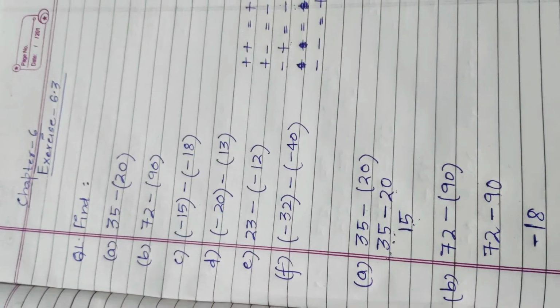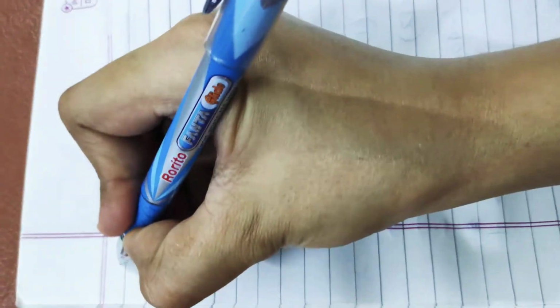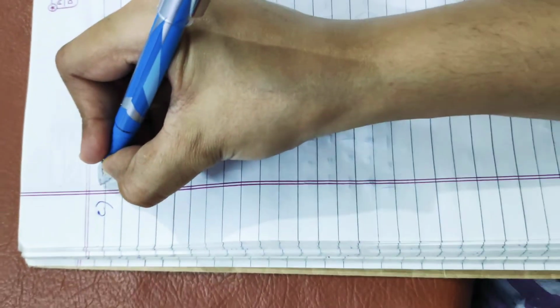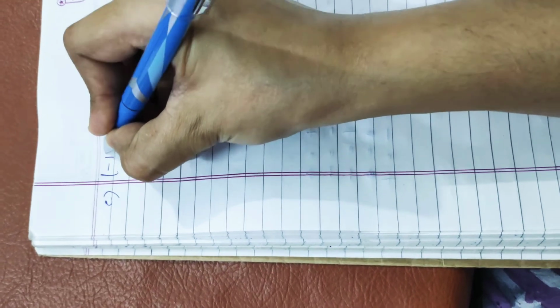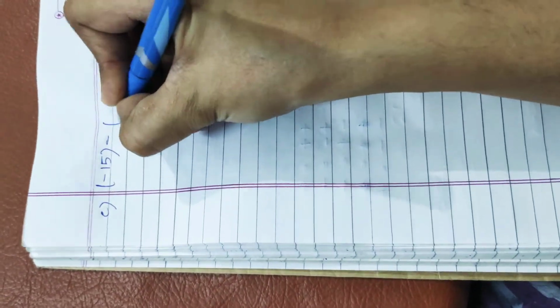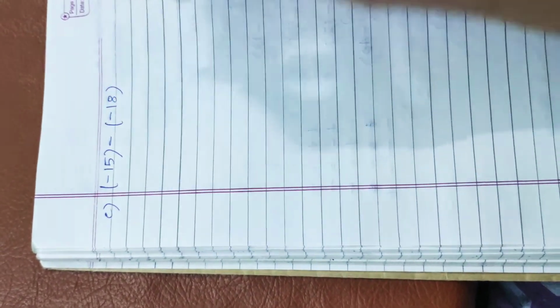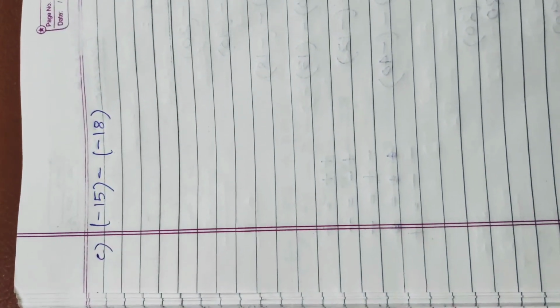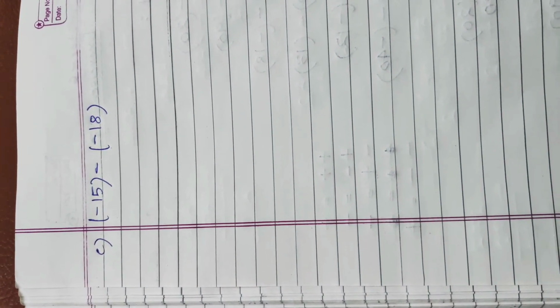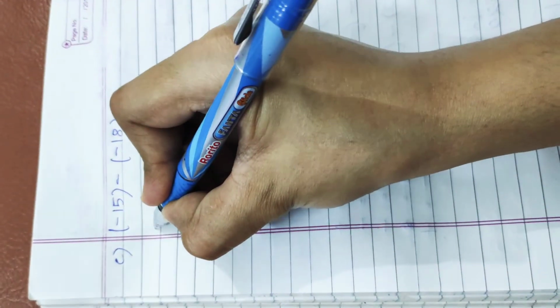Now let us come to the C part. The C part is minus 15 minus 18. So this time both the integers are written in bracket. The first step is we are going to open the brackets of these integers. Minus 15 will be written as it is.